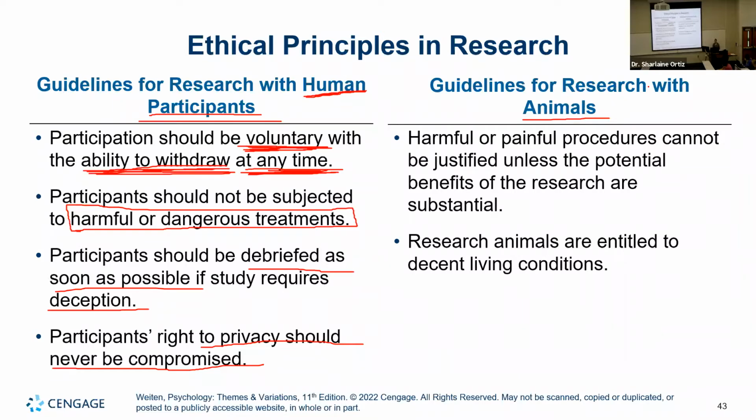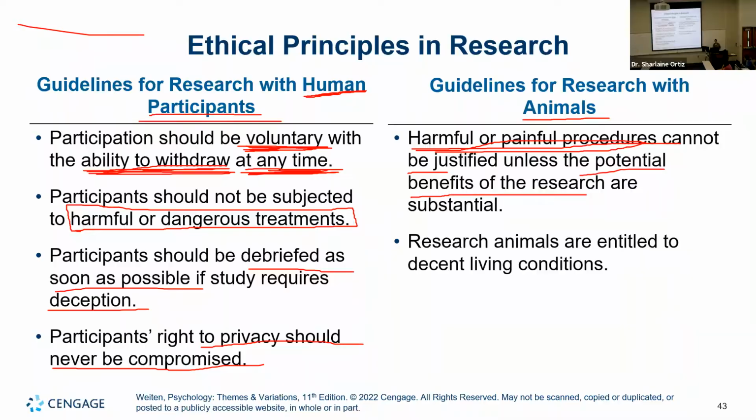The first aspect is if you are indeed going to conduct a harmful procedure with this animal, for example, a surgery, placing an electrode in their brain, conducting some sort of electroshock, the only way that this would be approved is if the potential benefits of the research are substantial.